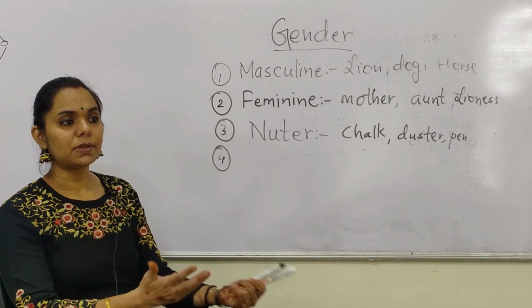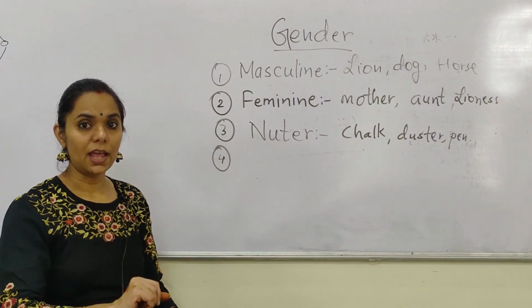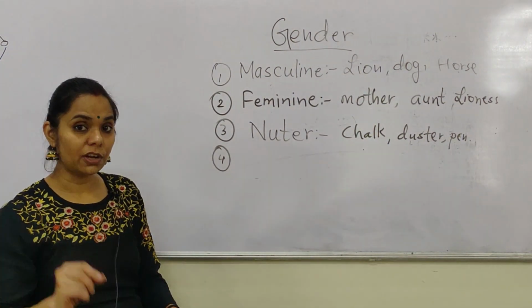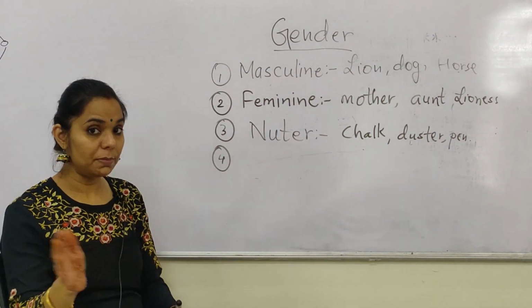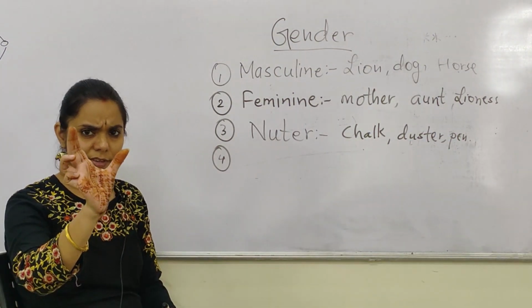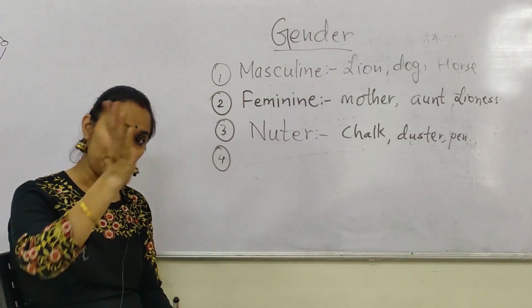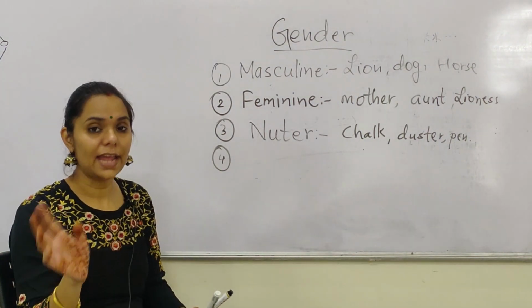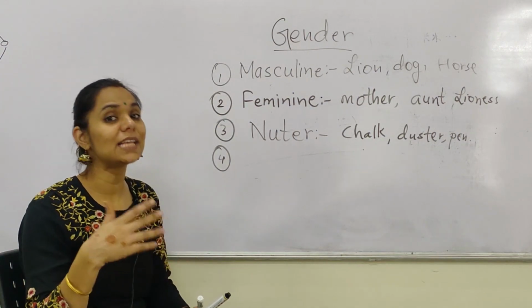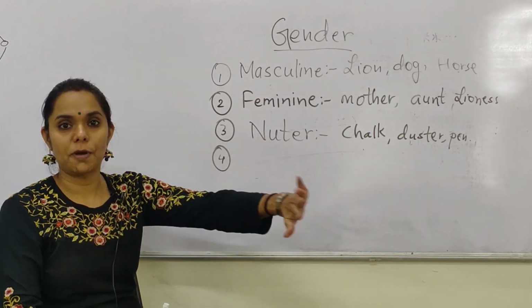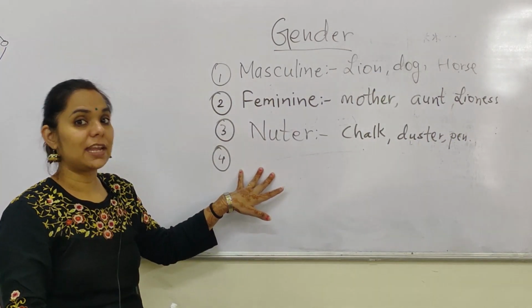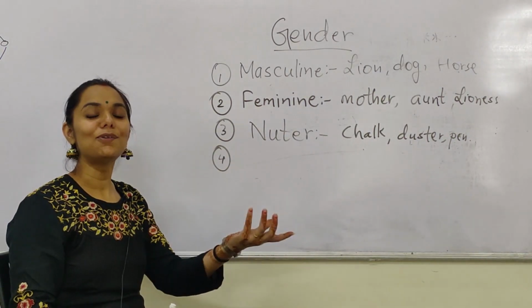Now the same happens with engineer. We don't say he engineer or she engineer, or male engineer or female engineer. Engineer is a term which can be male as well as female. It can be masculine gender as well as feminine gender. Neuter, no masculine, no feminine. Common, it can be masculine, it can be feminine.